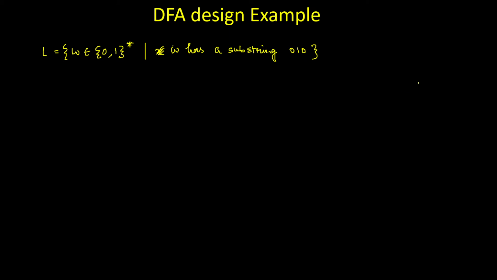For example, 1 0 1 0 1 1. You see we have a substring 0 1 0 over here. For example, 0 1 0 0 0 1 0, possible.